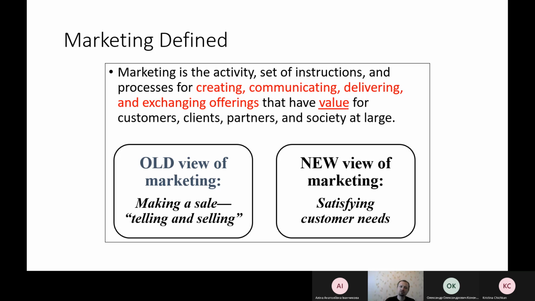But first to produce and then to sell. That's why the old view on marketing is actually equal to selling products.